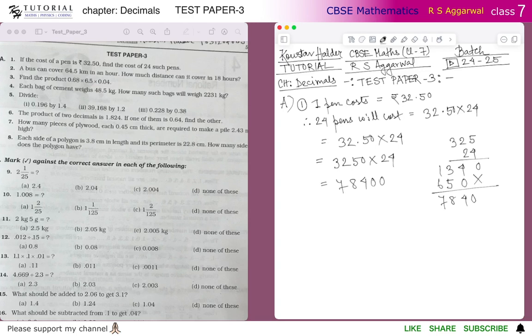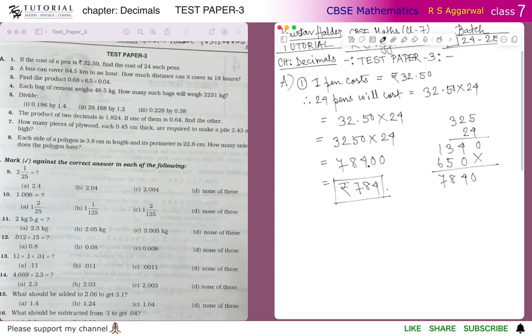So in the product, the decimal places become equal to the decimal places of the decimal number. In this case, the decimal places has to be 2. So the decimal point will be after 4. So the answer will be rupees 784. Okay, so this is the answer.